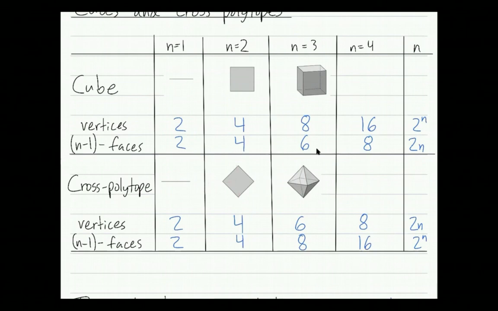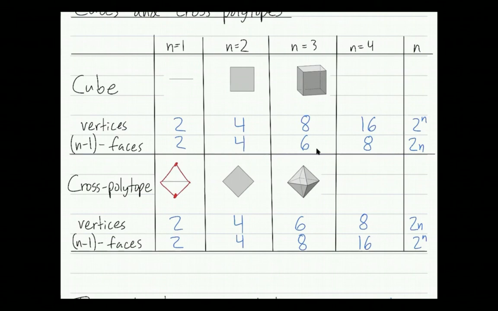Another way of explaining this that Anthony pointed out and that I quite like would be using my suspension description of the cross-polytopes. So I said you could get from one cross-polytope to the next by just suspending. So to go from the interval to the diamond, I suspend the interval, meaning I add a vertex above and below, and then I take the cone over what I had before.